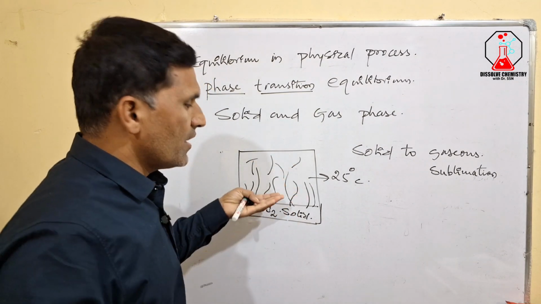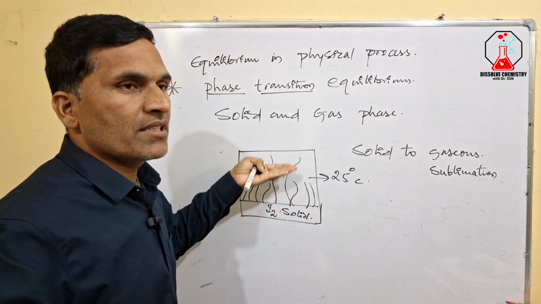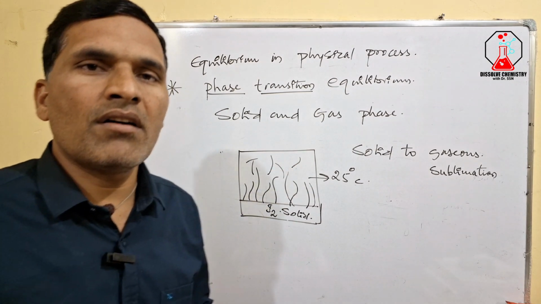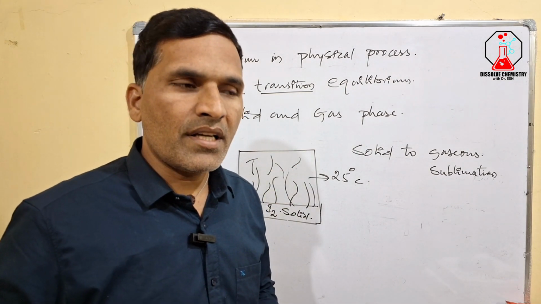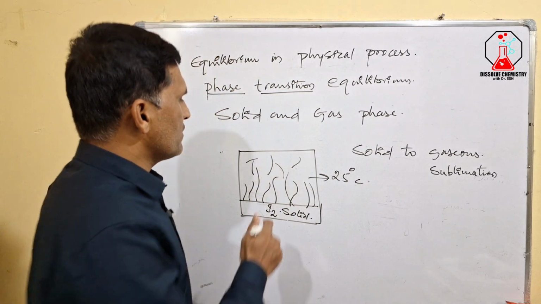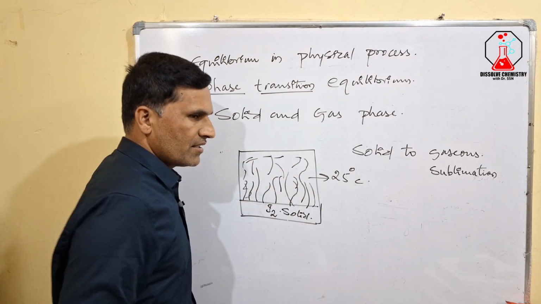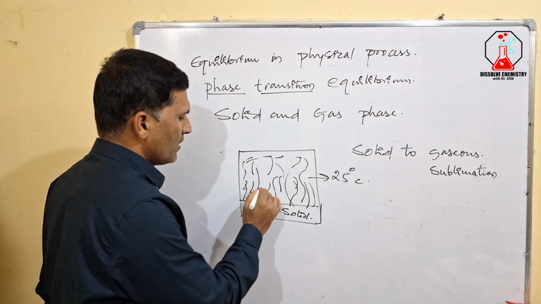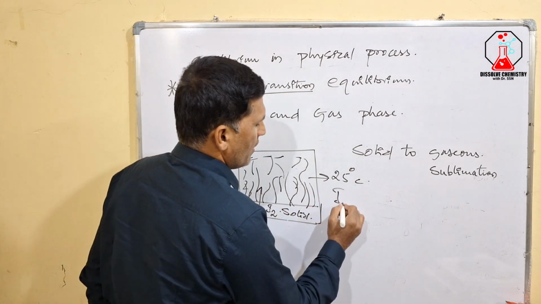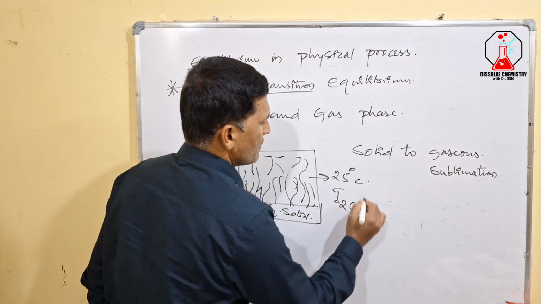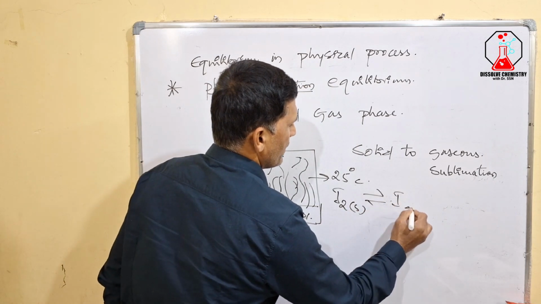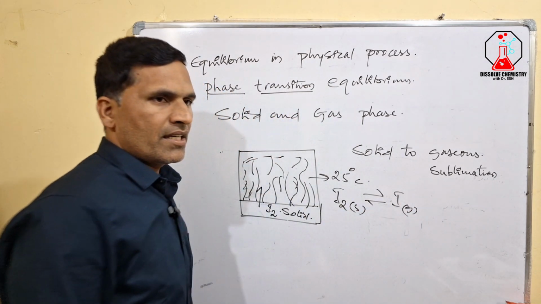Initially it is very faint, and later it goes on increasing in thickness of the color, or the concentration increases. And at a certain point, the color of the flask remains constant. Its meaning is that iodine in the solid phase and iodine in the gaseous phase are at equilibrium.